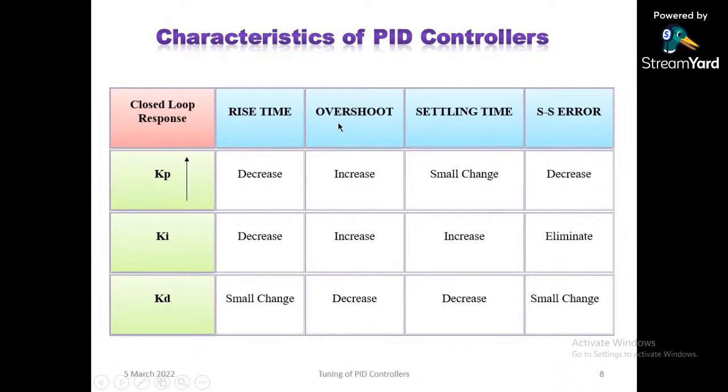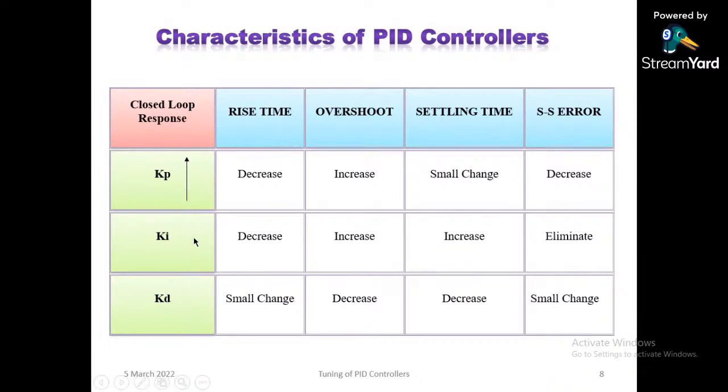That is, it increases the overshoot and it decreases the steady state error, but does not make it completely zero. There is a small change in the settling time. फरक नाही, 0.15 चं 0.14 कर. Settling time वरती जास्त फरक नाही पडणार. It will mostly affect the overshoot and then steady state error.